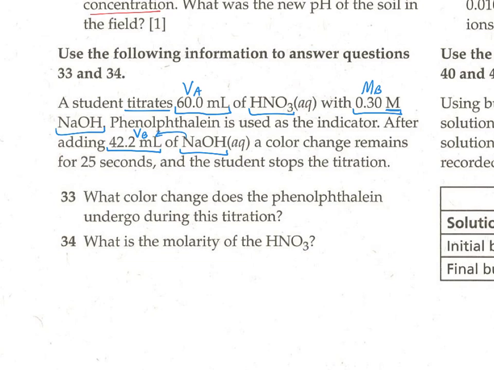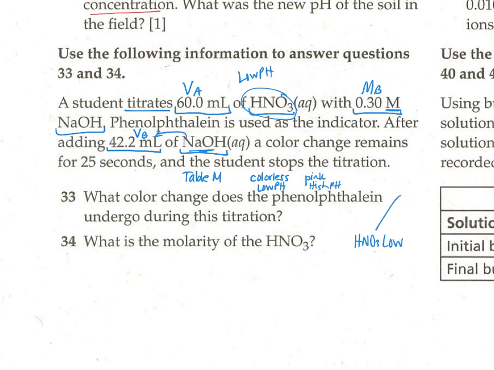So you'd go to table M, and you would look at phenolphthalein, and phenolphthalein can be colorless or it can be pink. The table tells you that at low pHs, it's colorless, and at high pHs, it's pink. So here, we're adding a base. That means our pH started low because it's an acid.